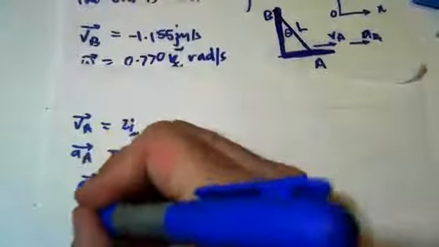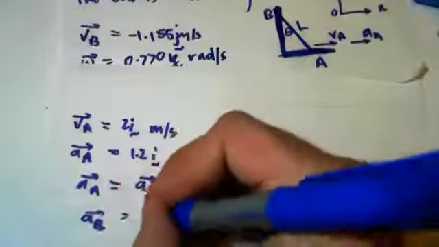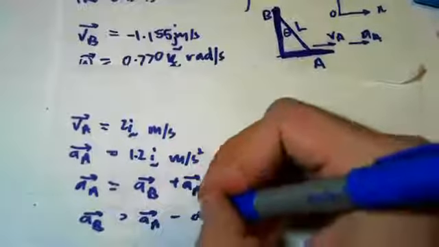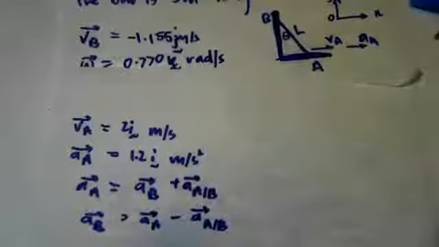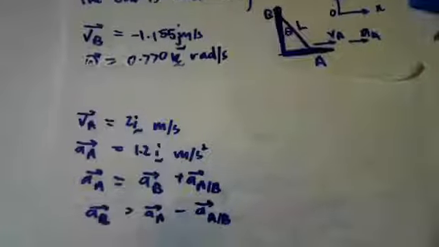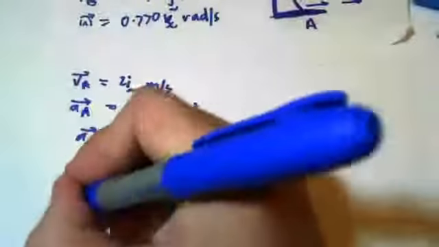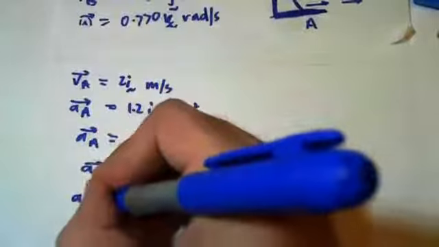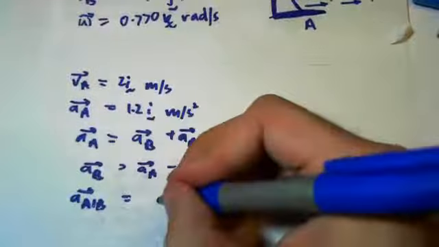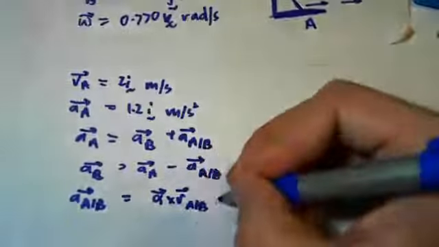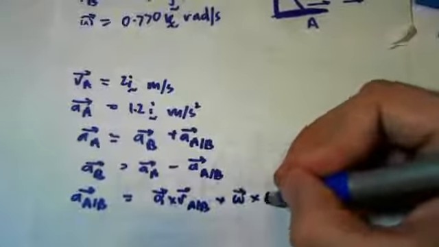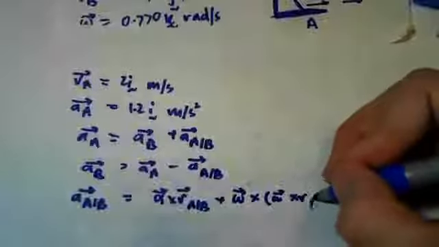So acceleration of B is equal to the acceleration of A minus the acceleration of A with respect to B. We can then write our relative acceleration in terms of alphas and omegas, because it represents rotation. So our acceleration of A with respect to B is equal to alpha cross r of A with respect to B plus omega cross omega cross r of A with respect to B.